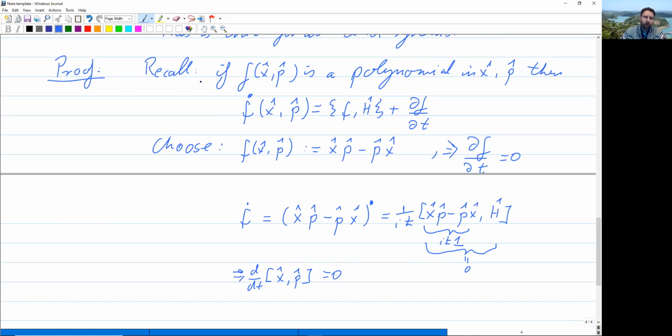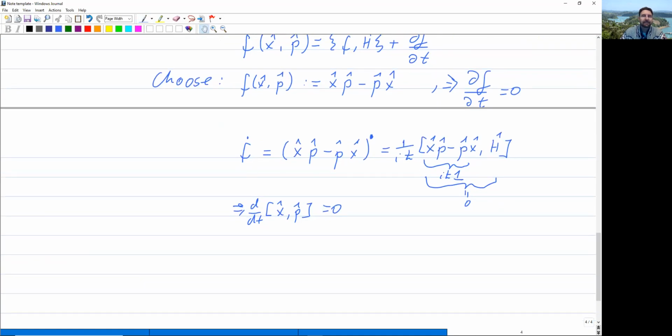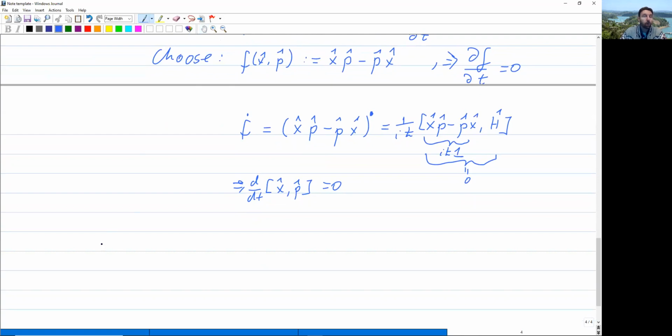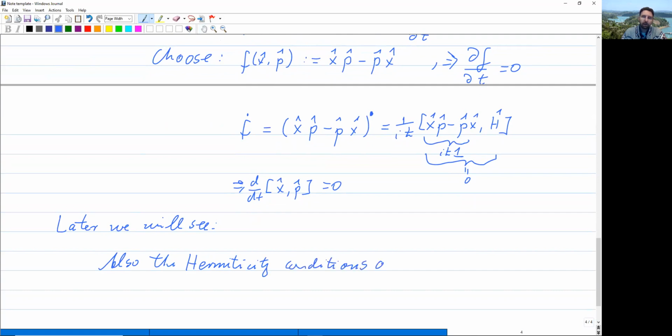We will later see, at the moment we don't really have the tools for this, that not only are the canonical commutation relations automatically conserved, but also the hermiticity condition is automatically conserved in time if the equations of motion are solved.